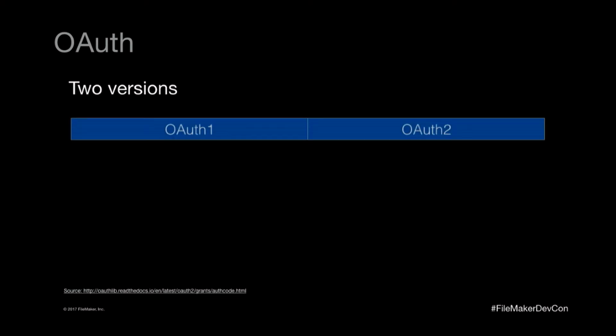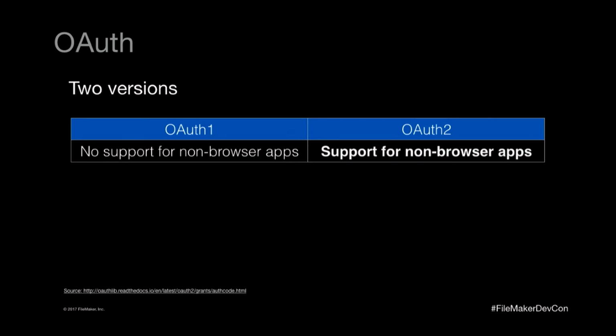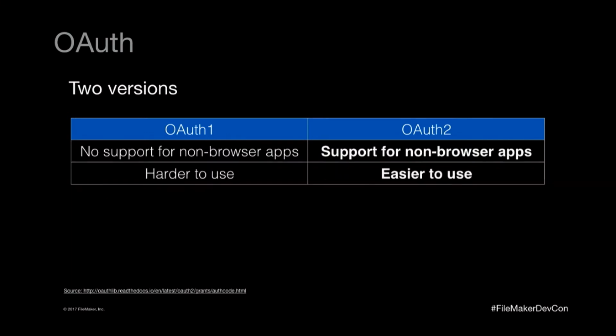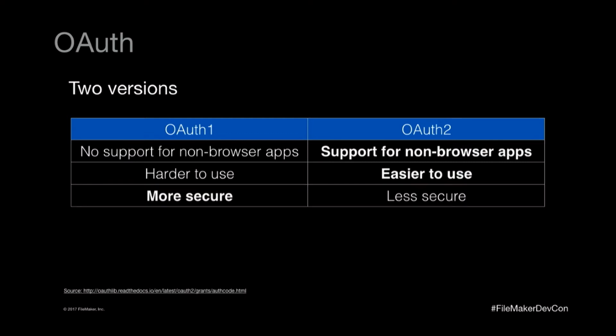There are two versions of OAuth, 1 and 2. On version 1, there is no support for non-browser apps, so it doesn't work with FileMaker directly. OAuth 2 supports non-browser apps. OAuth 1 is harder to use versus OAuth 2.